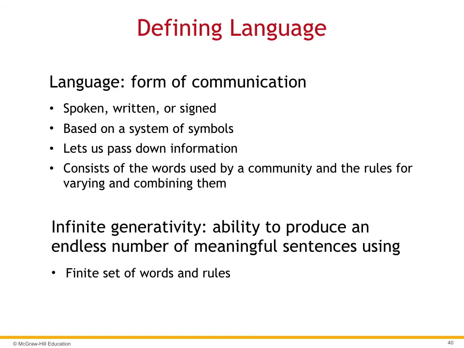It is based on a system of symbols, not words, but just symbols. And it lets us pass down information or pass information to other groups of people. Its infinite generativity is the ability to produce an endless number of meaningful sentences using a group of words or rules.